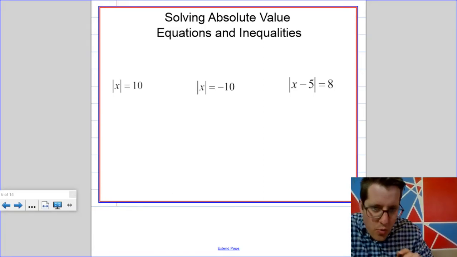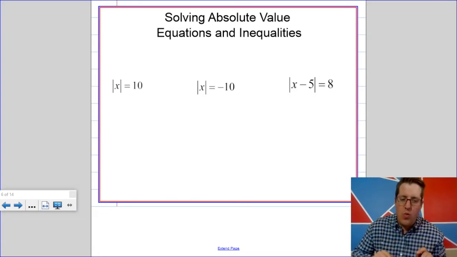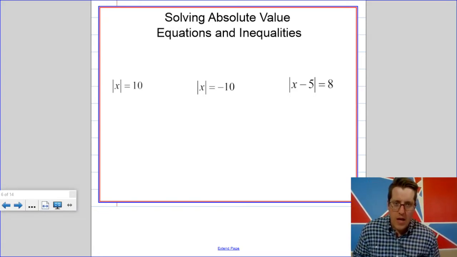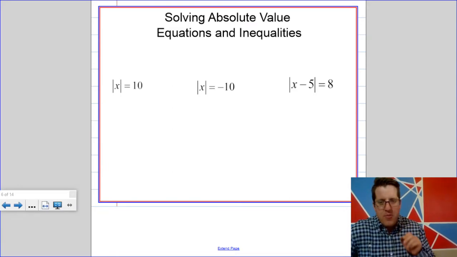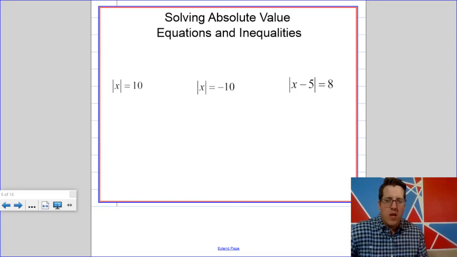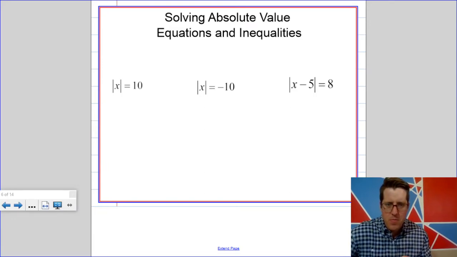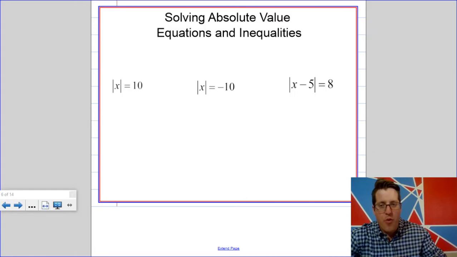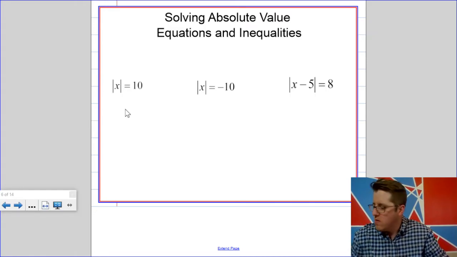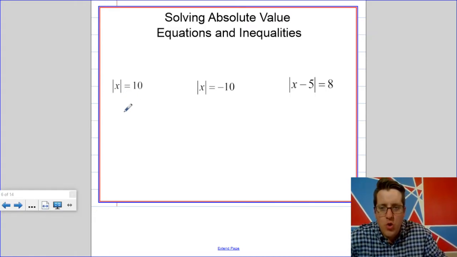Okay, so we need to move past how we do something and talk about why we do something. Okay? The absolute value of some number equals 10. If you were already taught how to do this, then you were probably taught one of two ways. What could I plug in and have the equation be true? The old guess and check method, tried and true.